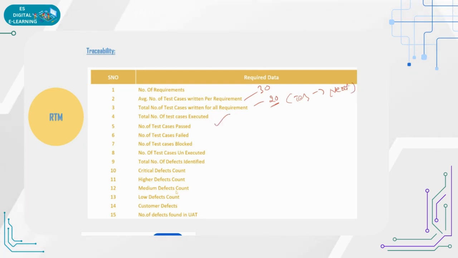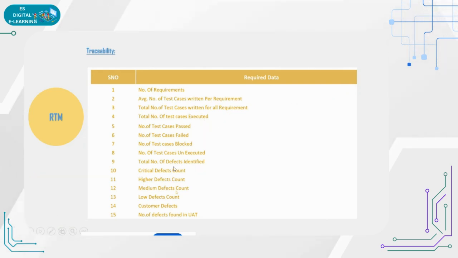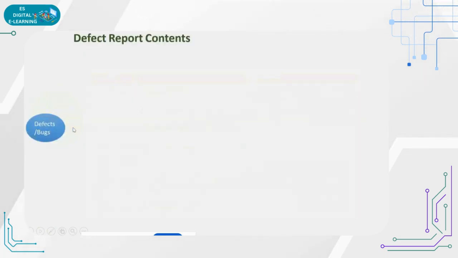And how many test cases we executed, the number passed, failed, blocked. And defects: how many defects are critical, how many are high critical. All this detailed information will be given in the RTM, and it will be captured by the test leads.